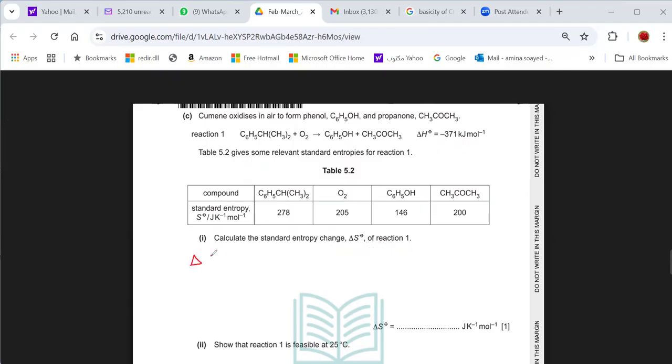So we know that delta S naught is equal to sigma entropies of products minus sigma entropies of reactants. So here for the products, we have C6H5OH 146 plus the propanone, which is 200, minus 278, plus oxygen, which is 205.